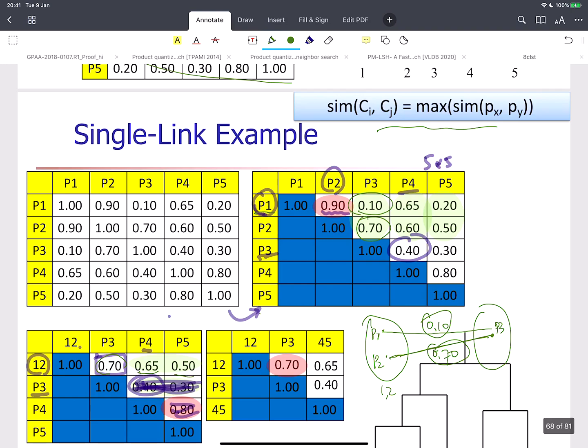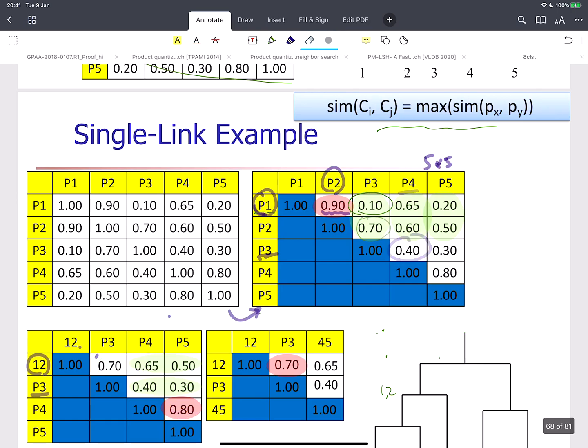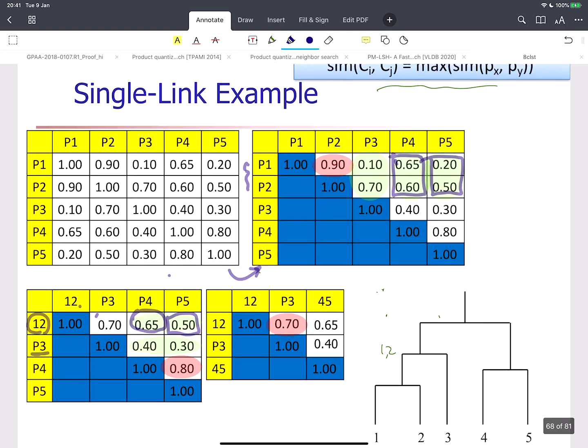So this 0.65, remove this one. This 0.65 is the maximum of these two values, simply because P1 and P2 are next to each other. And the maximum of these two values becomes this one. It's easy to see.